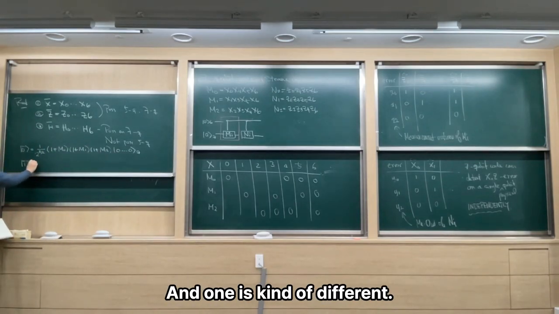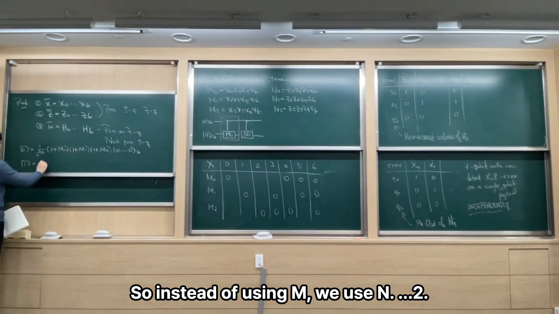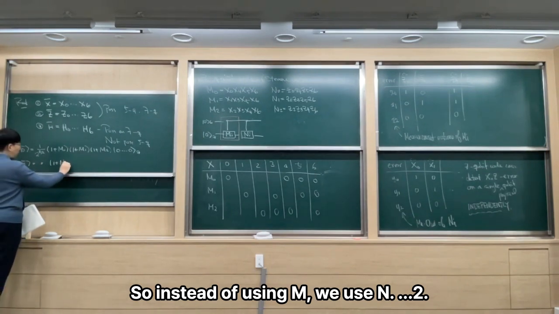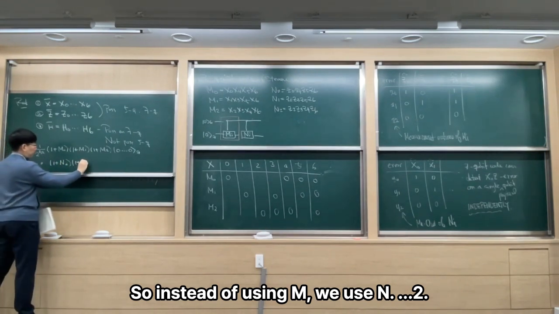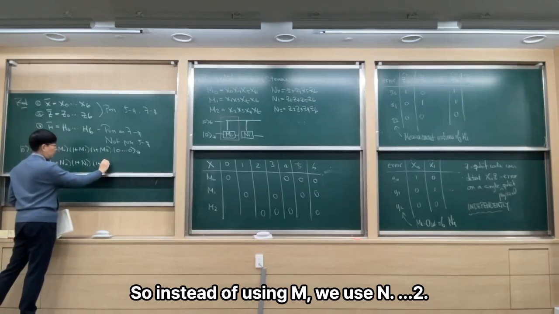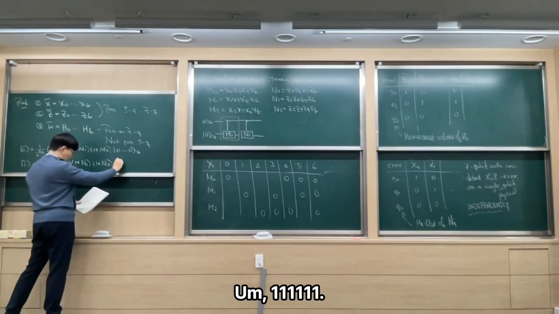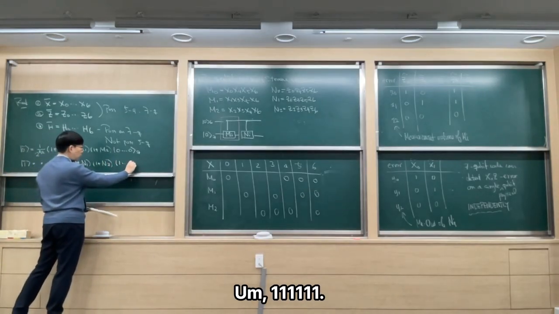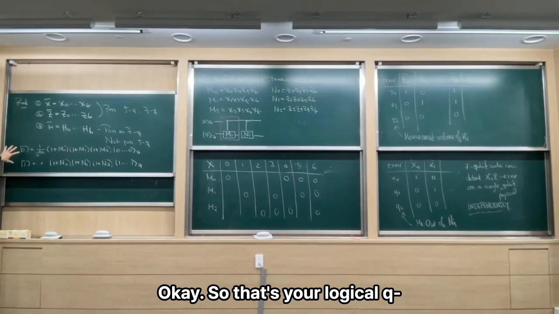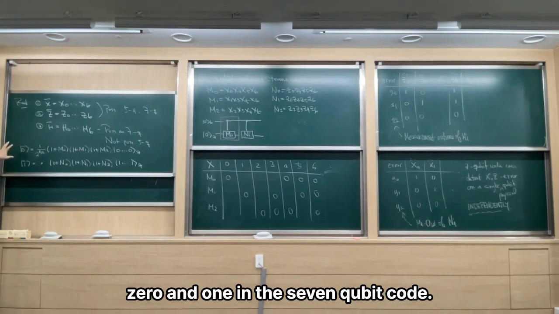And 1 is kind of different. So instead of using M, we use N, 2 on 1, 1, 1, 1, 1. Okay. So that's your logical qubit 0 and 1 in a 7-qubit code.